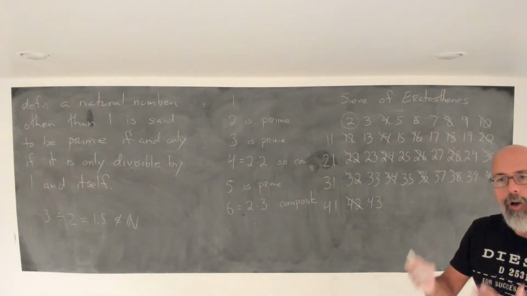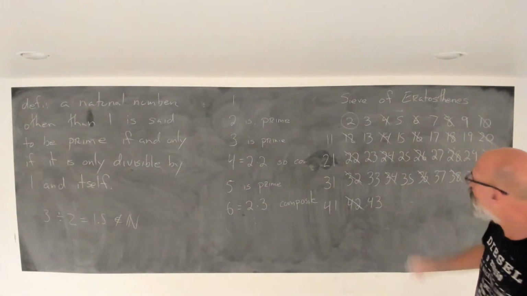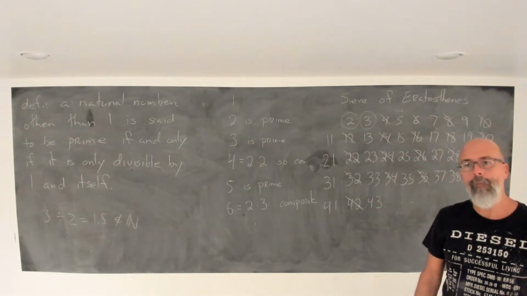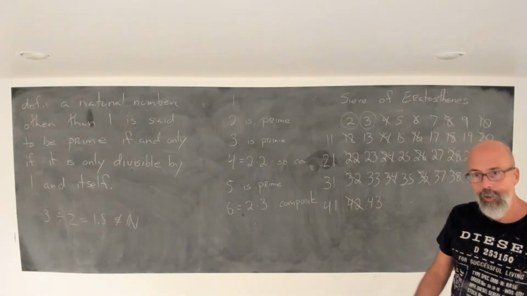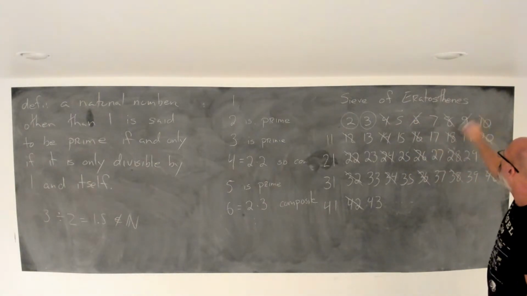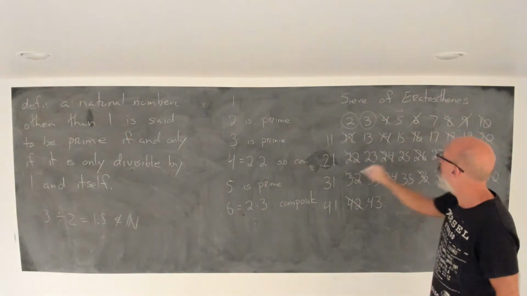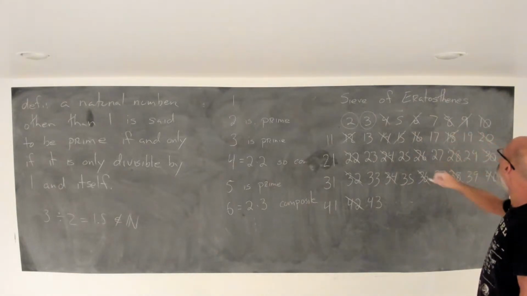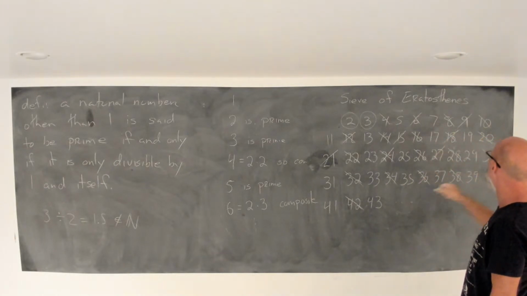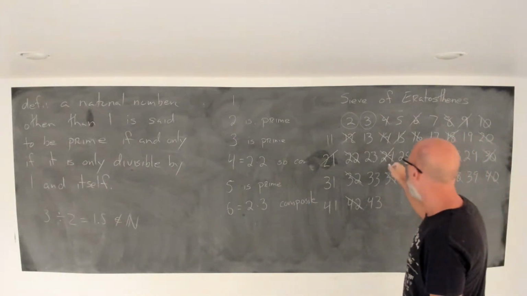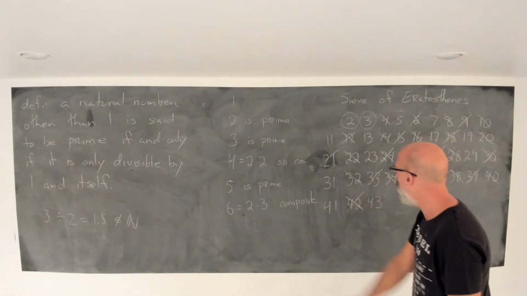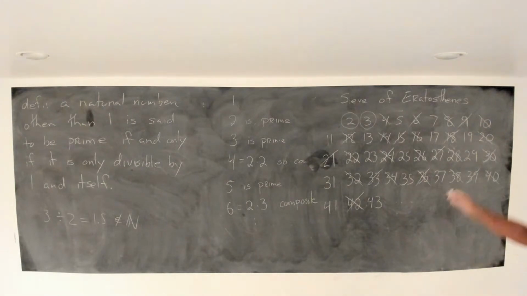Repeat. Smallest number is prime. 3 is the next smallest number. Remove multiples of 3. 3 times 2, 3 times 3, 12, 15, 18, 21, 24, 27, 30, 33, 36, 39, 42, and so on and so on.